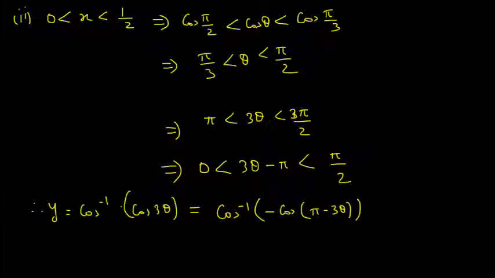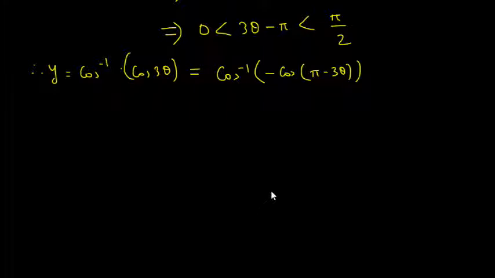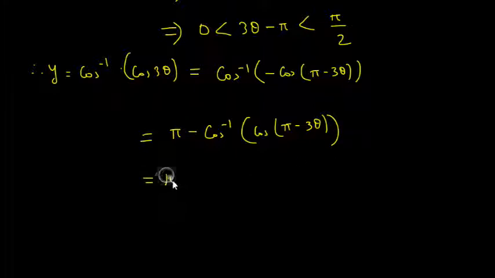Upon solving, we get pi minus cos inverse cos (pi minus 3 theta), which is equal to pi minus cos inverse cos (3 theta minus pi).